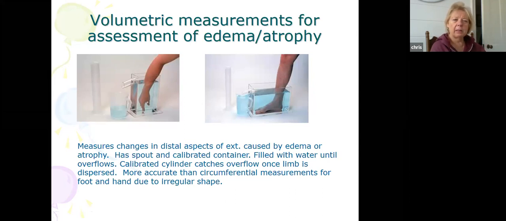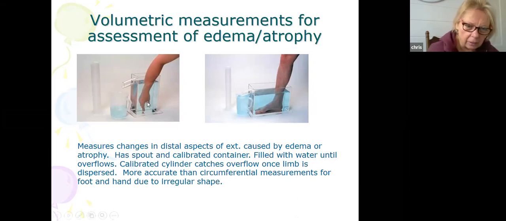may need to use something known as a volumetric measurement. Okay, what you do is you have this plastic cylinder, and you have a measuring cylinder here on the side. So this calibrated spout and cylinder, this plastic thing. And I don't know if you could see it right in here.